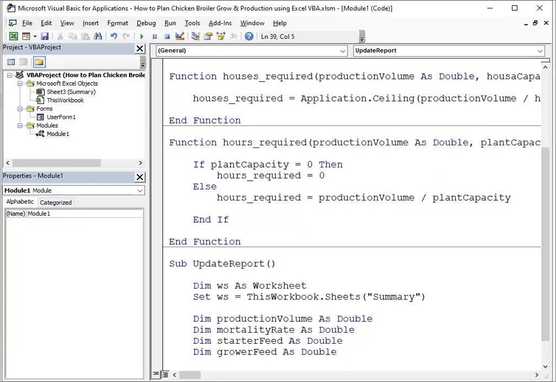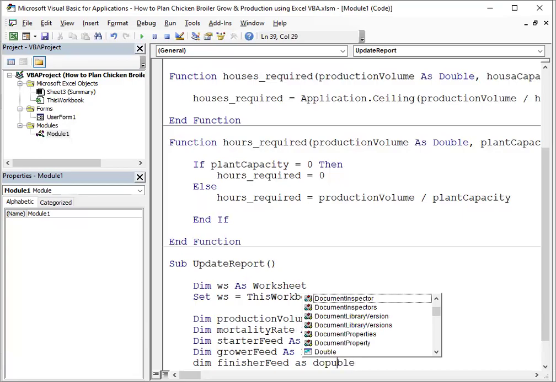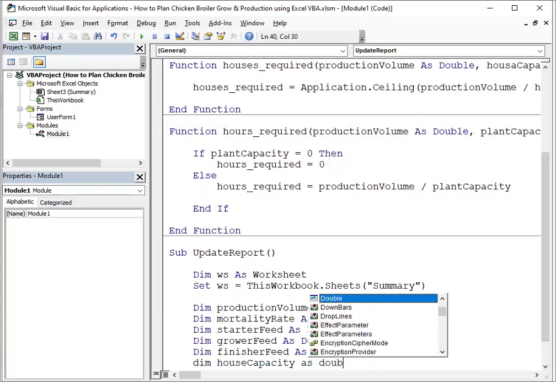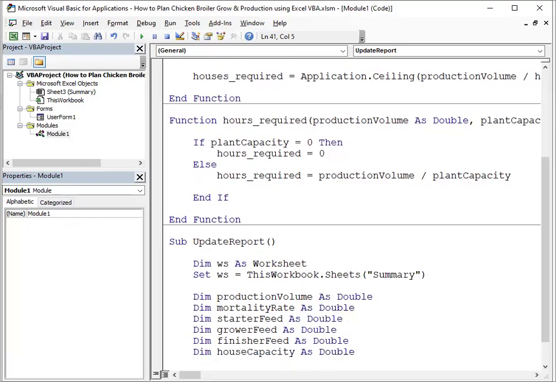The next one would be dim finisher feed as double. Then we're going to need the house capacity, so dim house capacity as double. Then the last one would be dim plant capacity, our operating hours requirement to process the harvested broiler, as double.